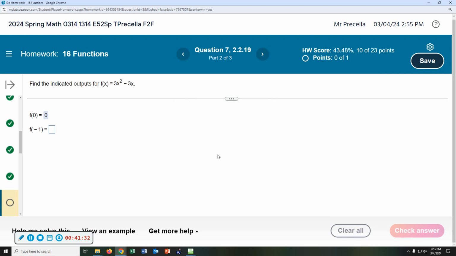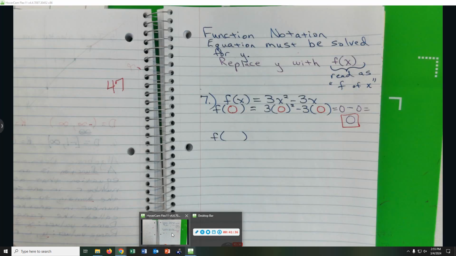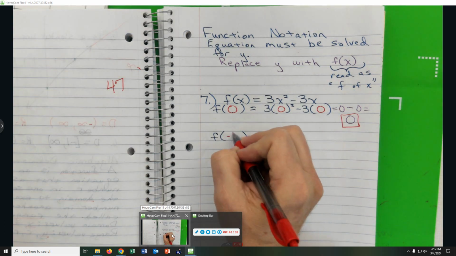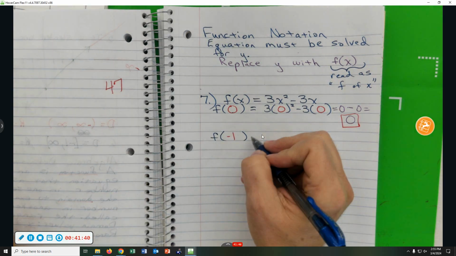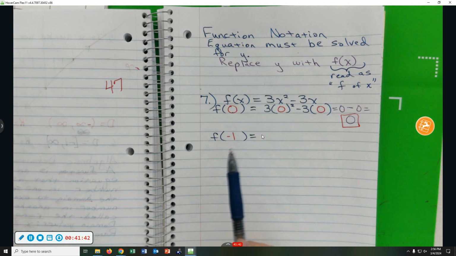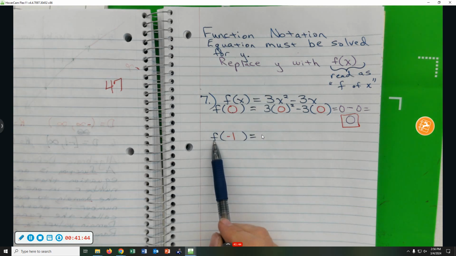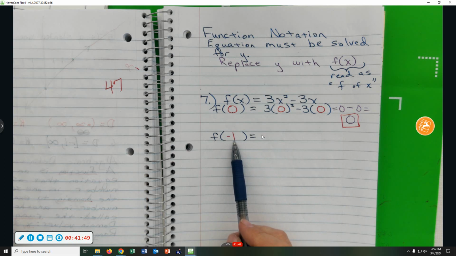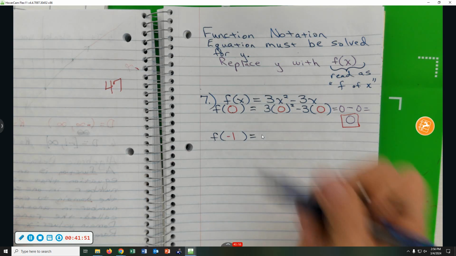What about f of negative 1? F of negative 1. That says, with function notation, you go to the function f, and wherever you see a variable, we're going to replace it this time with negative 1.